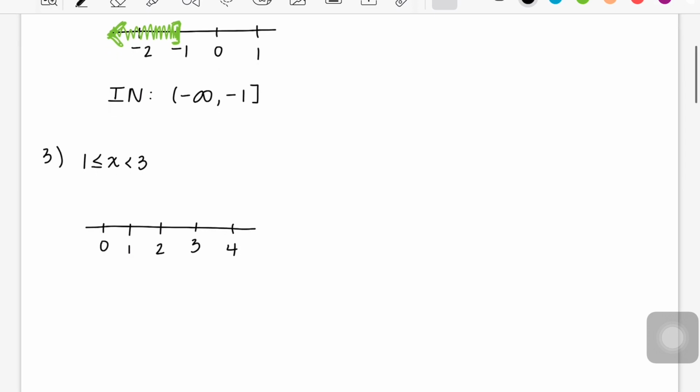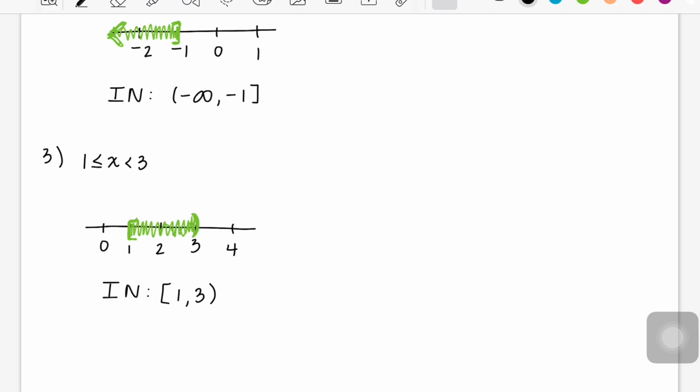Now, we said that x is greater than or equal to 1, so we know that we're going to have a bracket here. But x is less than 3 and not including 3, so we have our open parenthesis here. So this interval is all these values in this region here. And then in interval notation, this will be 1 to 3.